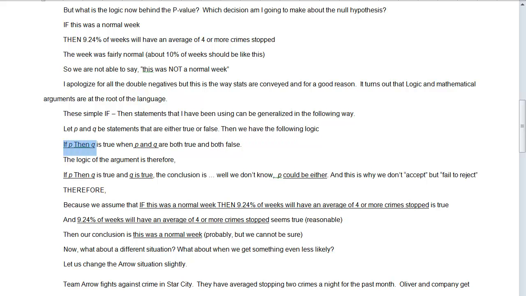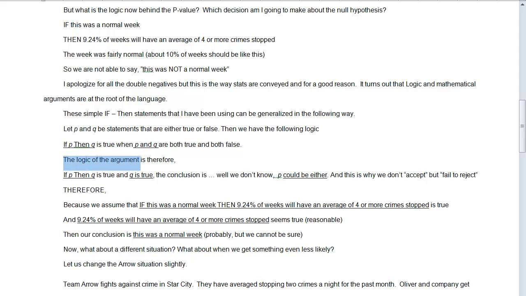If P then Q is a statement that is true when P and Q are both true and both false. Okay?